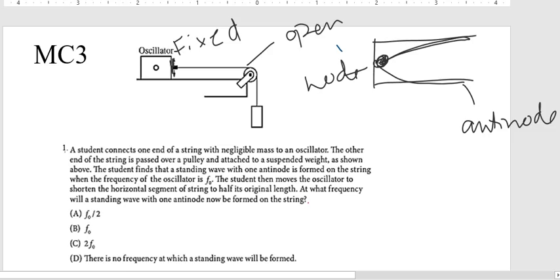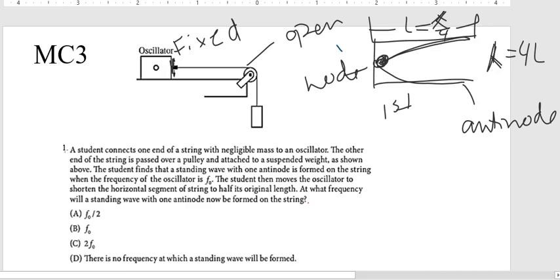So that would be the first harmonic when you have opposite systems like fixed-open or closed-open. That means its length equals lambda over 4, so lambda would equal 4L.